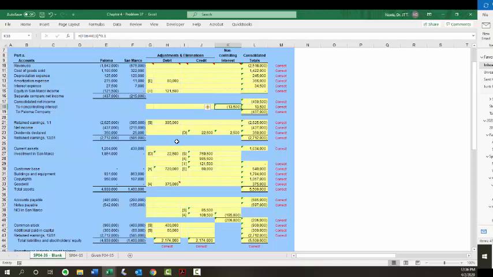So does that make sense? This is a negative number here, this 215. If you subtract the 80,000, you're going to be increasing the separate company net income, not decreasing it. We want to decrease it. We want to take it from the 215 down to 135. So to do that, you have to add the 80,000, not subtract it.